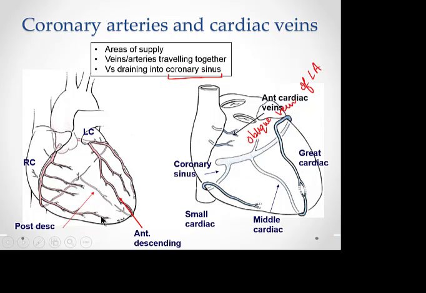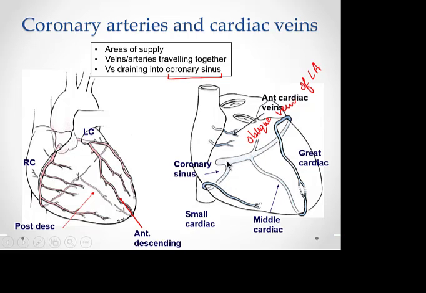Then along the inferior margin, traveling with this right marginal artery, is the small cardiac vein. This small cardiac vein turns around and goes on again to the postero-inferior surface, where it also opens into the coronary sinus.